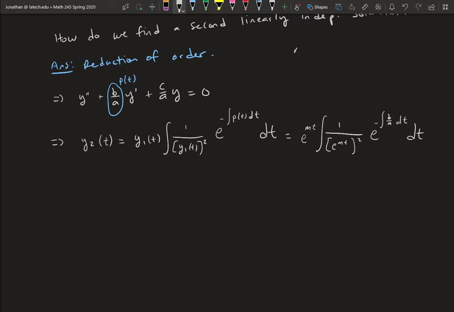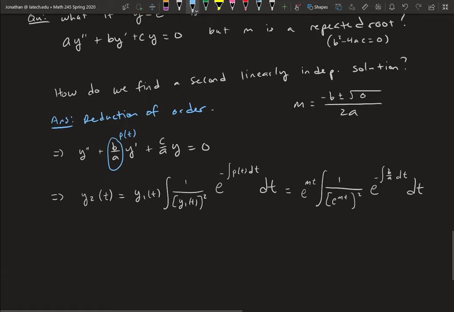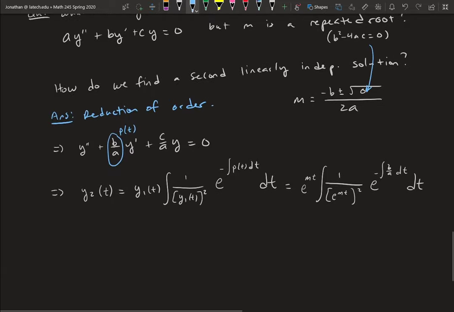But what is m? m is equal to negative b plus or minus the square root of 0 over 2a, because the discriminant is 0 for a repeated root. So m is equal to negative b over 2a.